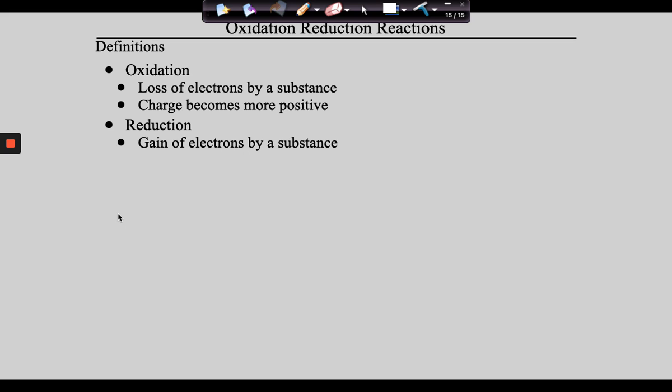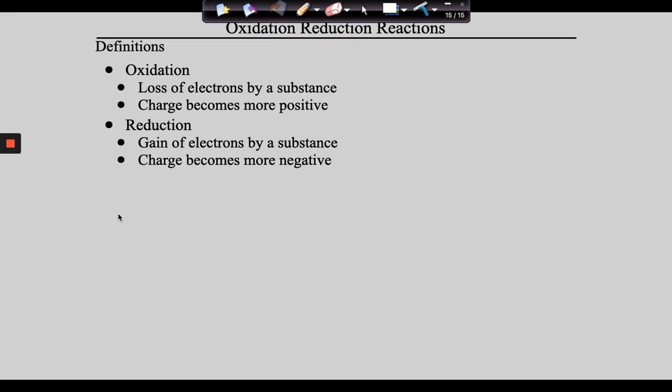But guys, why would we call that reduction? What happens to the charge of the thing that's gaining electrons? It goes down. It's reduced. So the charge of the thing that's being reduced goes down.